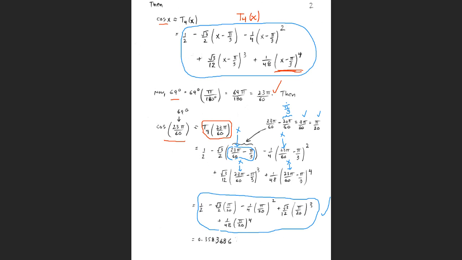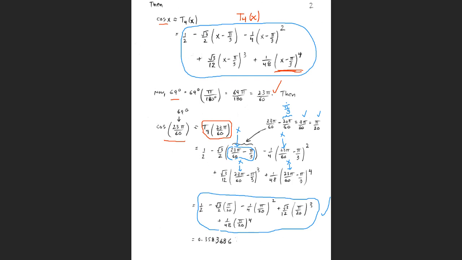Sometimes students see a problem like this and they don't do the work, and then they miss points. I don't want that to happen, right? I know the calculator can get you values. I know the calculator can do the cosine of 69 degrees, but you are using the Taylor polynomial now to get that, and so that's how you have to do the problem.